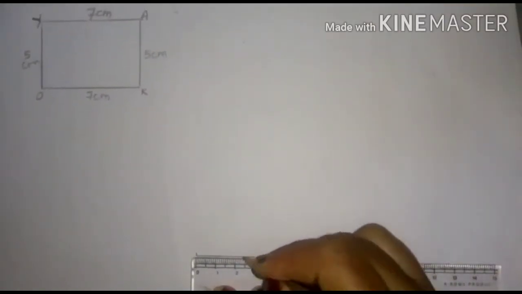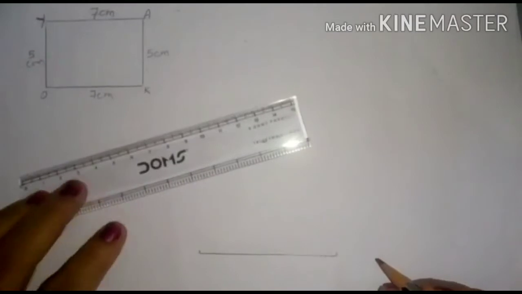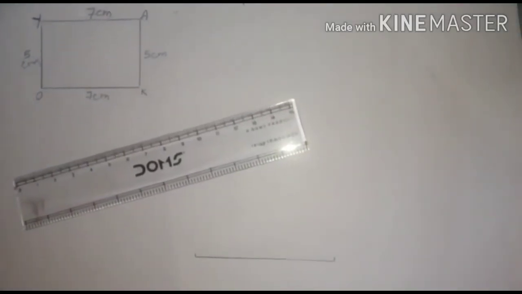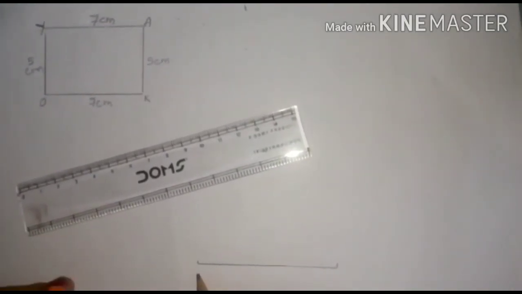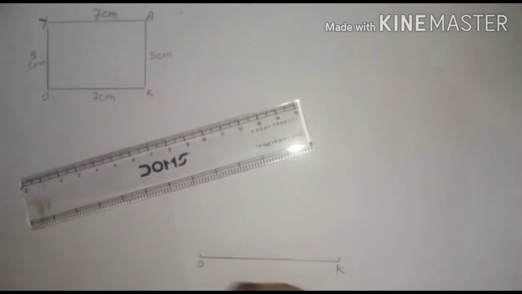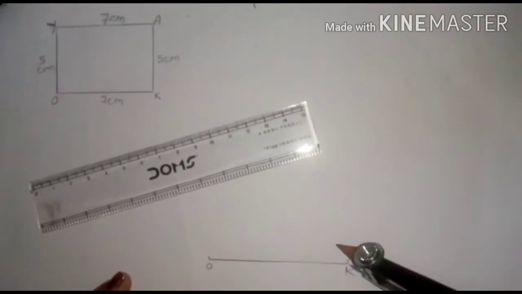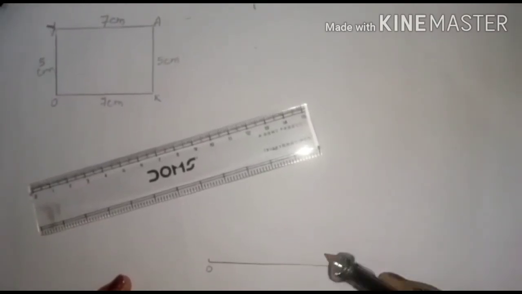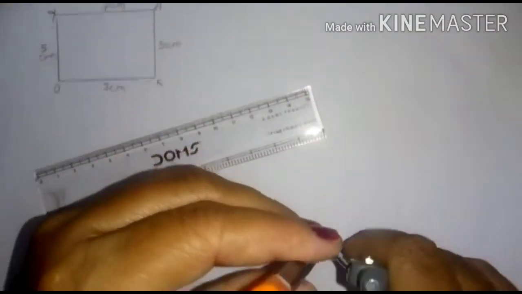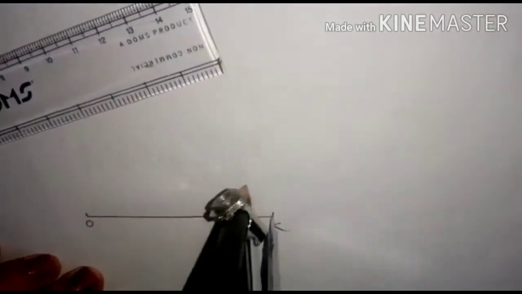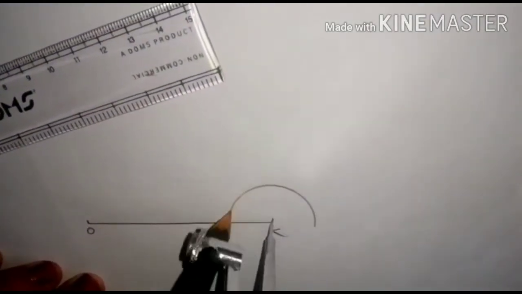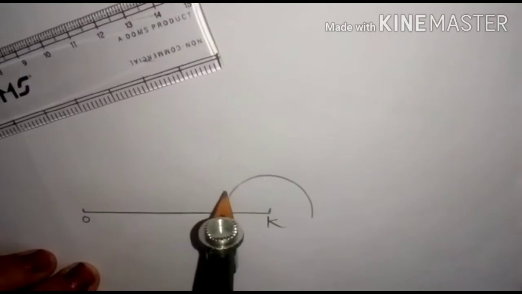Now here each angle will be of 90 degrees. So this is OK, and from K we will take the measurement of a 90 degree angle. So first draw the semicircle. We have to take a 90 degree angle.